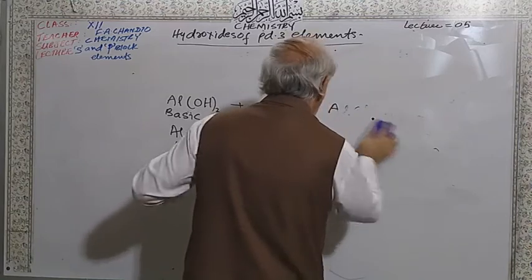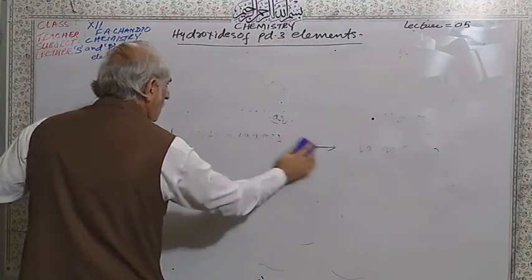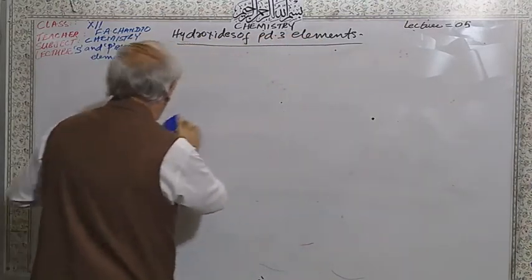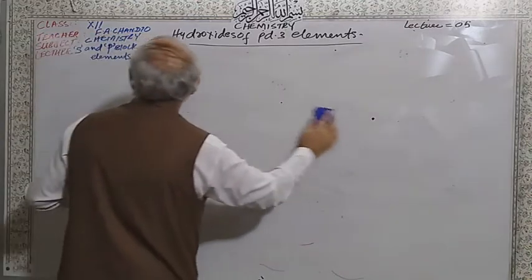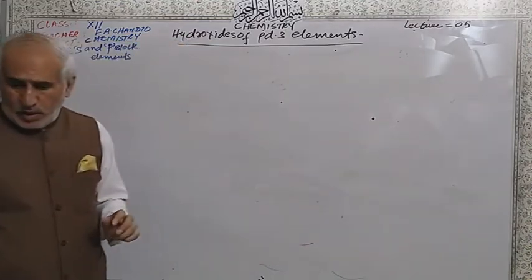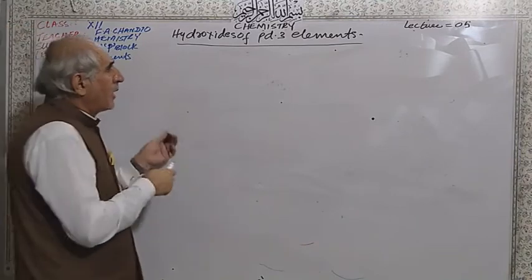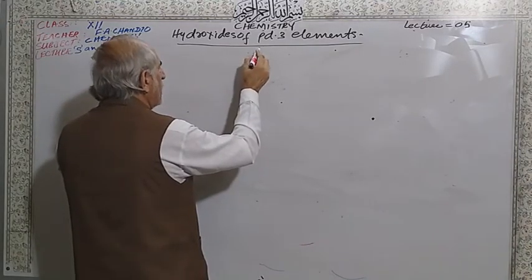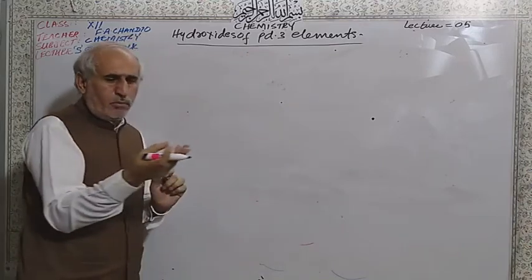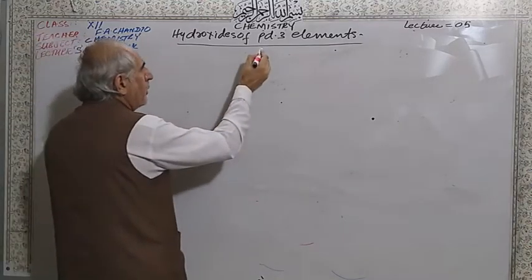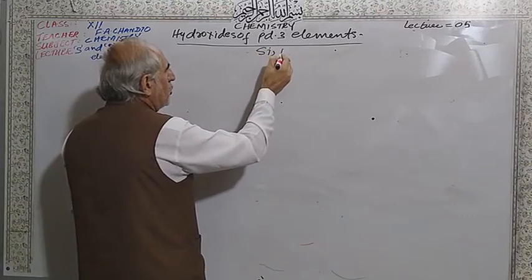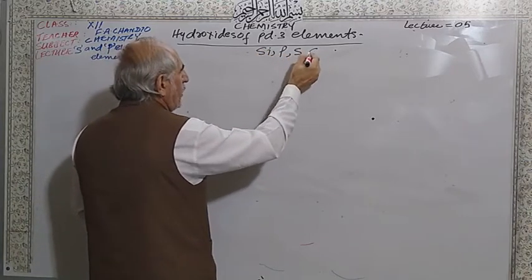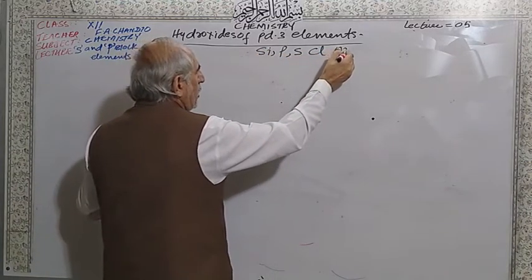So here aluminum hydroxide acts as an acid, and an acidic solution is formed. So that is why, due to these two chemical reactions, dear students, it can react with acid and it can react with base. That's why it has dual character, acidic character and basic character.